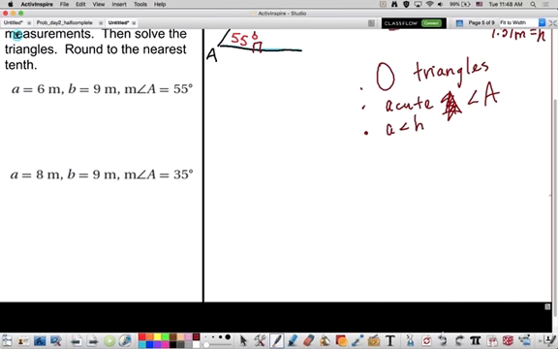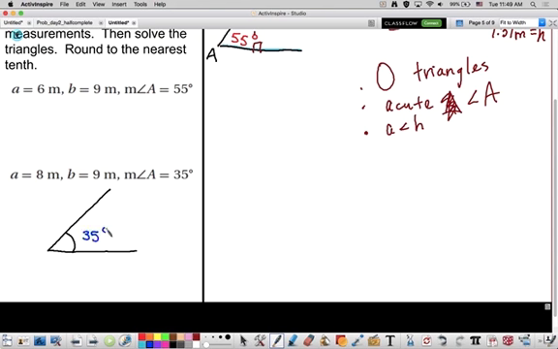You try the setup, find the height, or find some way to compare A and B, and tell me how many triangles we're going to have. Maybe it's 1, maybe it's 0, maybe it's 2. You can actually already tell what it's going to be if you look back at that graphic organizer.